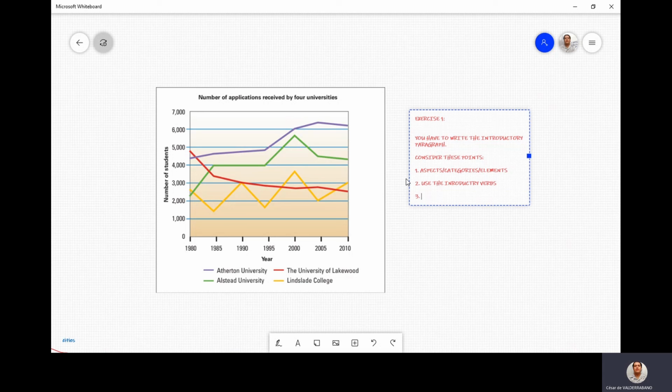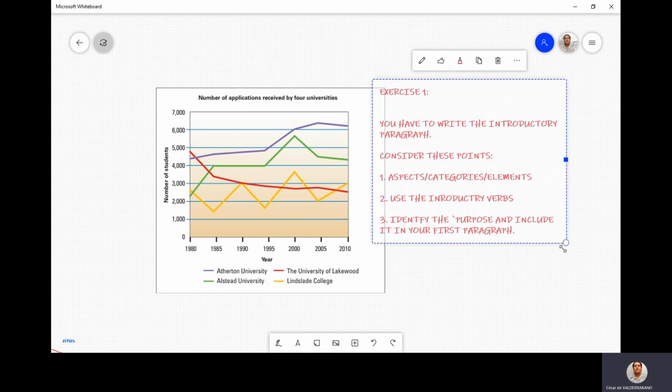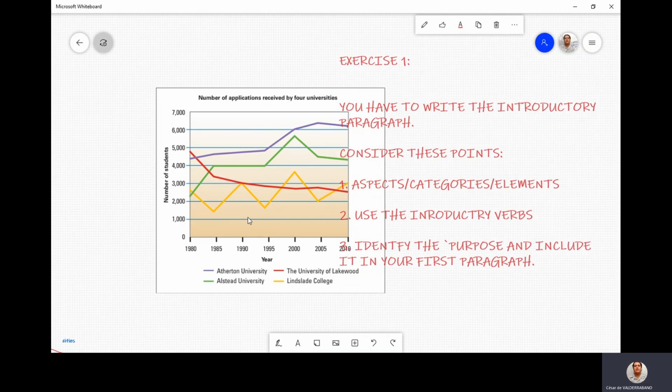Identify the purpose and include it in your first paragraph, the introductory paragraph. So this is what you have to do.